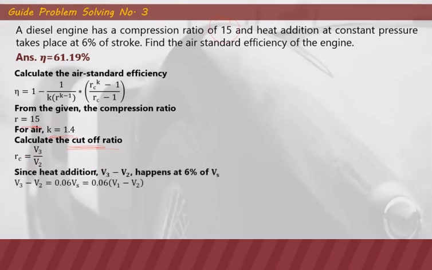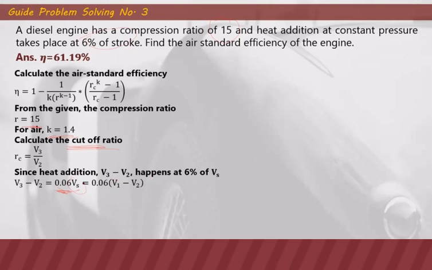Since the heat addition, V3 minus V2, happens at 6% of the stroke based on the problem, then making this into a mathematical equation, V3 minus V2 is 0.06 of the stroke or the swept. That's why we have 0.06, and the swept is V1 minus V2.